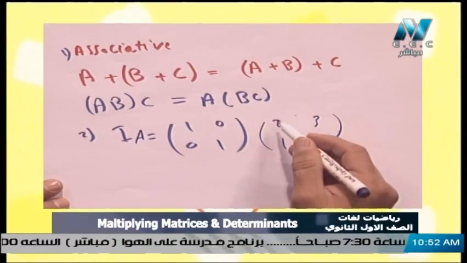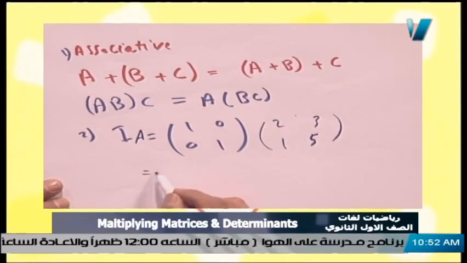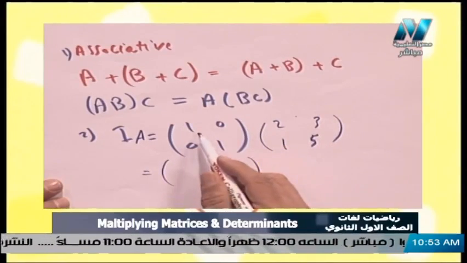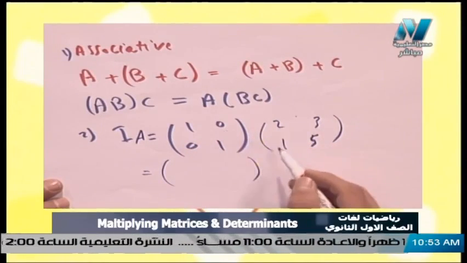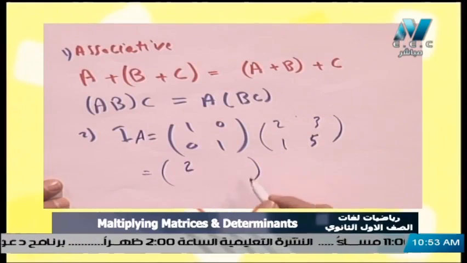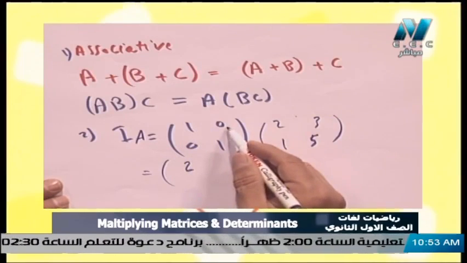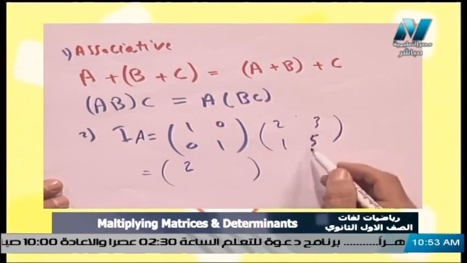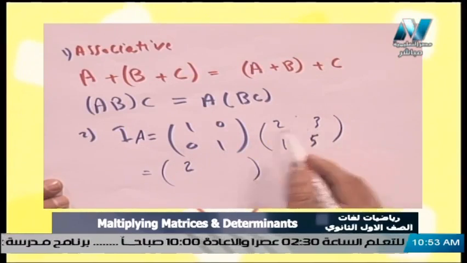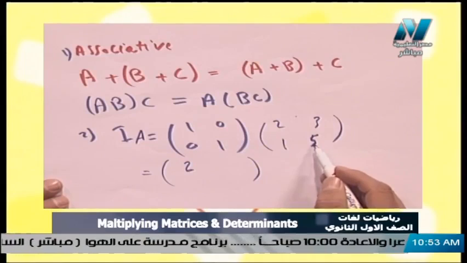Multiply 1 and 0 by 2 and 1. The answer will be 1 times 2 equals 2, and 0 times 1 equals 0, so it's 2. This row also multiplies this column, so 1 times 3 equals 3, and 0 times 5 equals 0, so the sum equals 3.